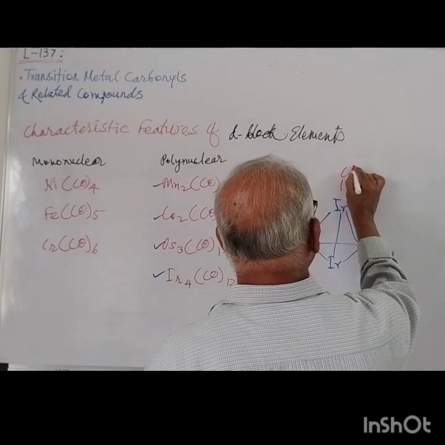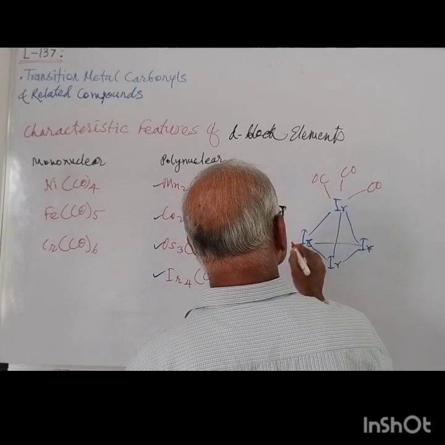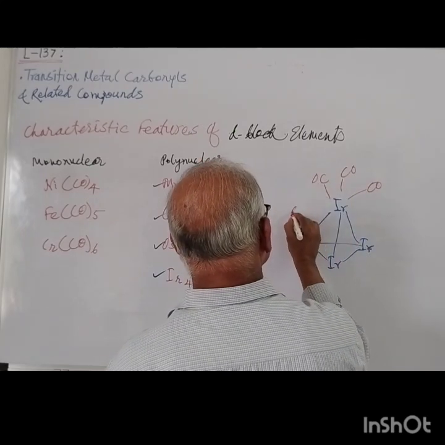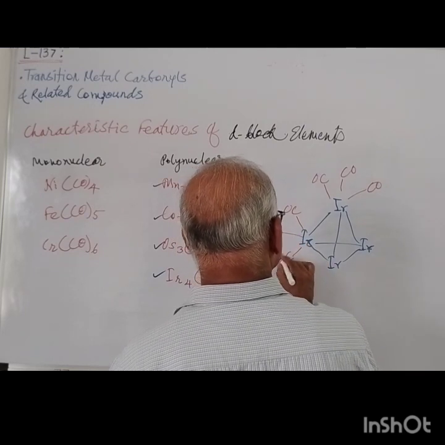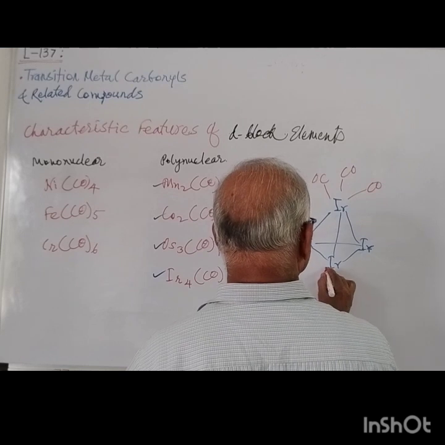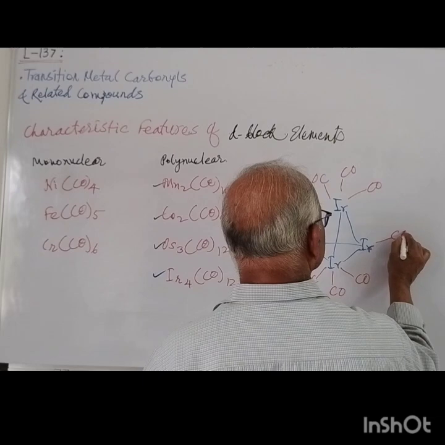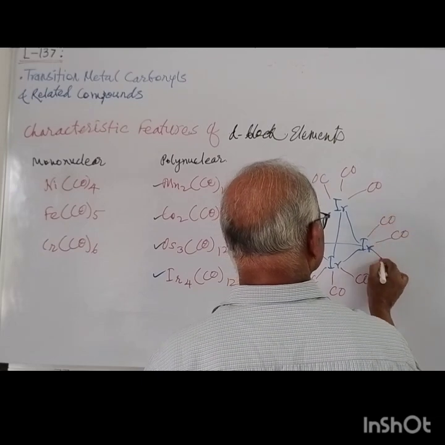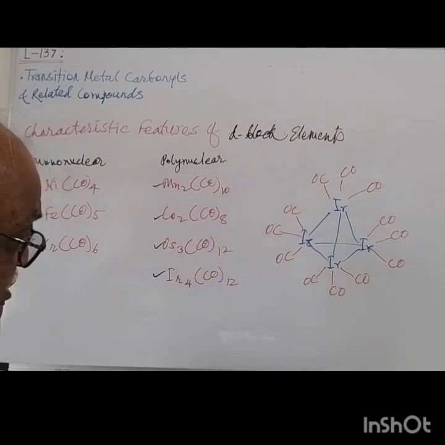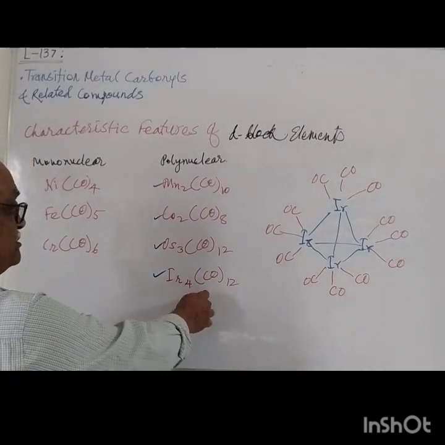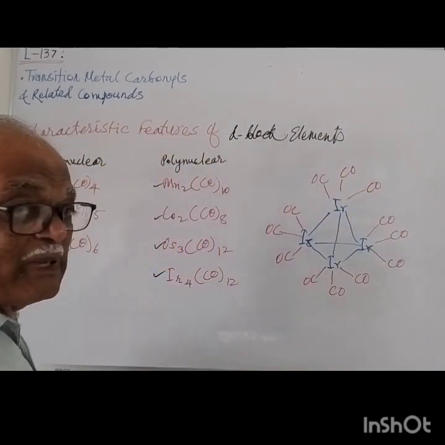So 3 carbon monoxide per Ir. Like this. So in this way we can have the Ir4CO12 complex.